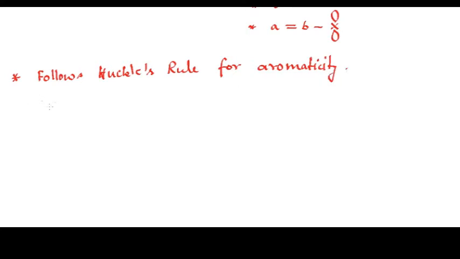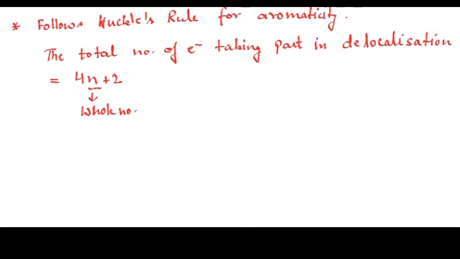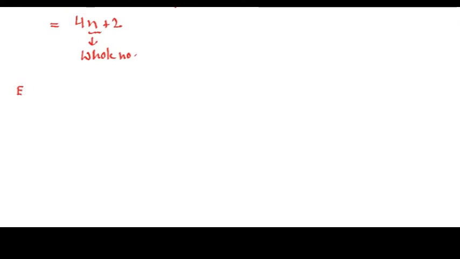Huckel's rule for aromaticity says that the total number of electrons taking part in delocalization should be equal to 4n plus 2, where this n is any whole number. Whole number can be 0, 1, 2, 3 and so on. Let us see some examples to understand this.